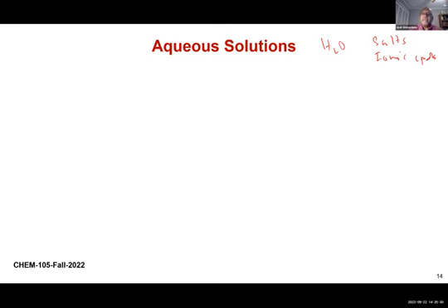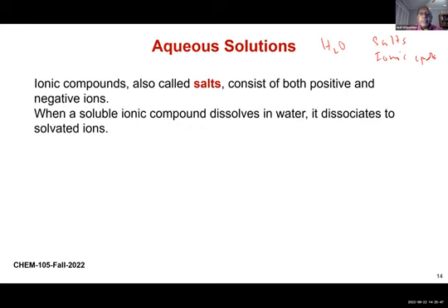Therefore, reactions between ions normally take place in water. Ionic compounds, also called salts, consist of both positive and negative ions. We talked about ionic compounds, cations and their names: sodium sulfate, sodium fluoride.